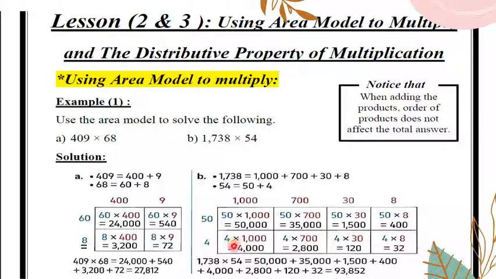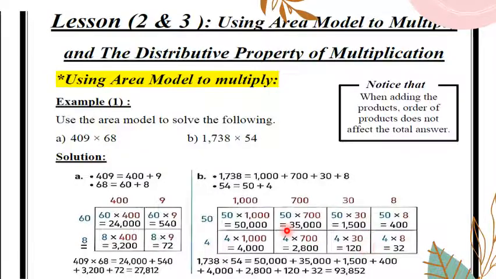It will be 4,000. And 4 times 700 equal 2,800. Then 4 times 30 equal 120. Then 4 times 8 equal 32.